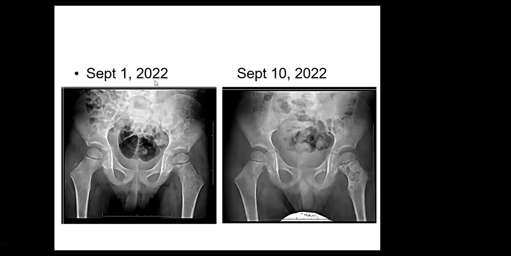Okay, this radiograph is from September 1st, this radiograph from September 10th. It's 9 days between the radiographs. And how do you describe the destruction? Is it aggressive, rapid aggressive, or is it slow? Yes, there is rapid aggressive bone destruction.